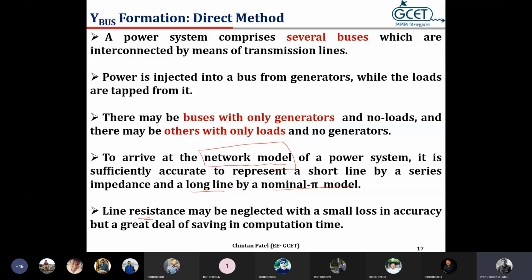So these three are the advantages: equations will be simpler, they will need less computation time, and at the same time, computer memory required is also less. There is only one disadvantage: with this assumption that we neglect the resistance, whatever answer is available will not be 100% accurate, because we are neglecting a very important component.